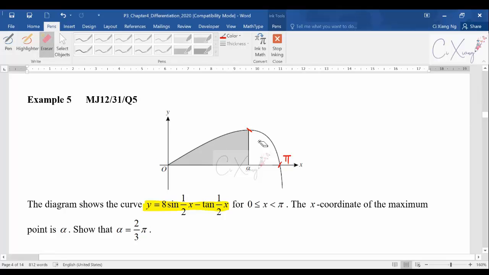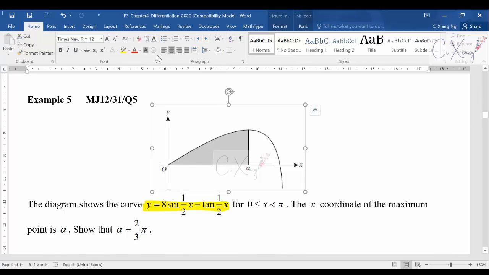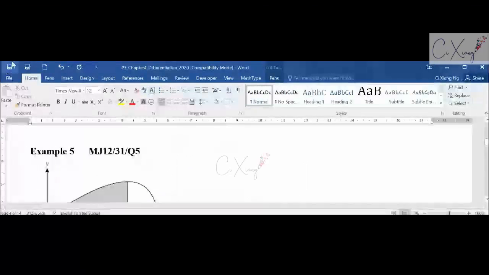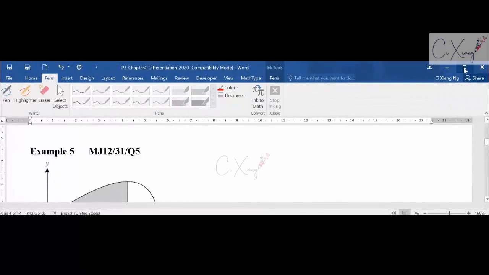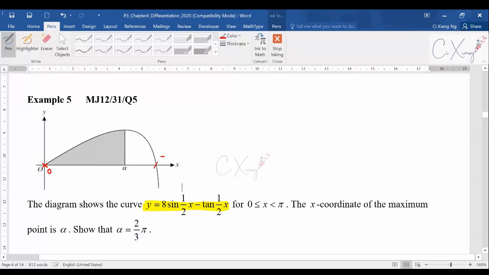This question involves a maximum point. Therefore, when you want to start, you have to apply the concept of differentiation, because of the maximum point. So this is 0 and this is pi. To find the maximum point, you need to differentiate first.